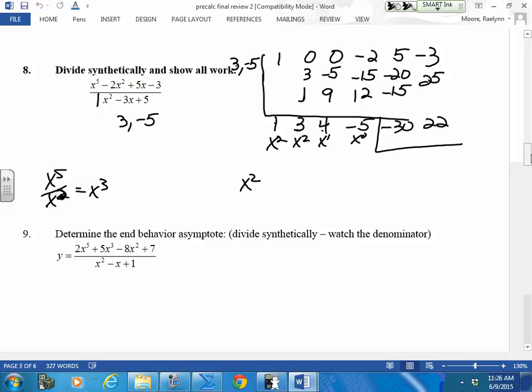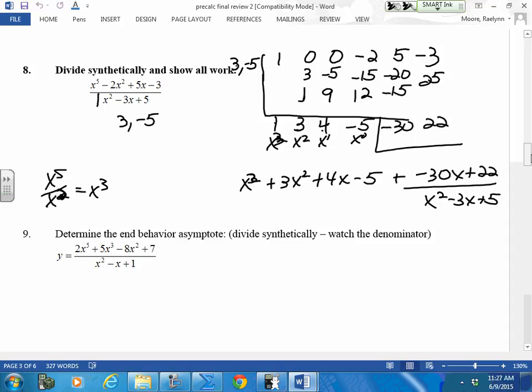So x cubed plus 3x squared plus 4x minus 5. Then your remainder, negative 30x plus 22 over your denominator. Okay, remember doing these?